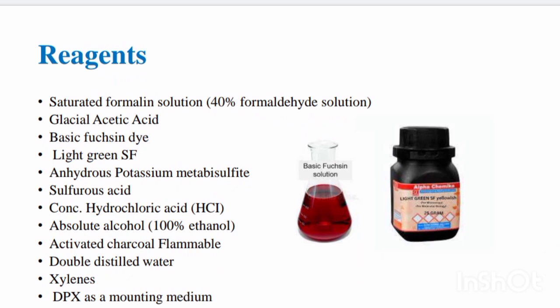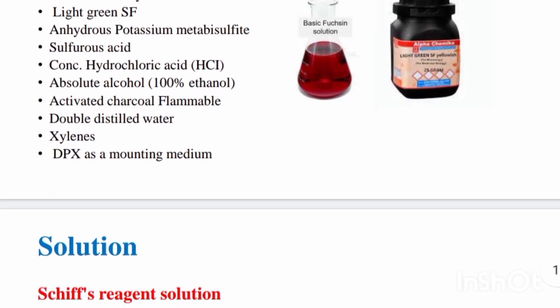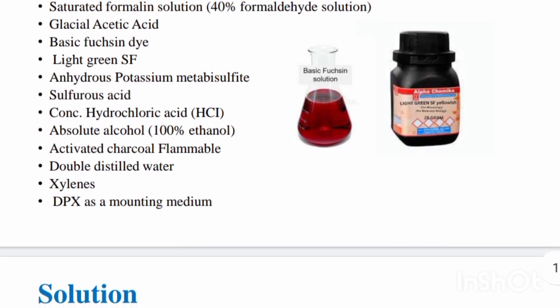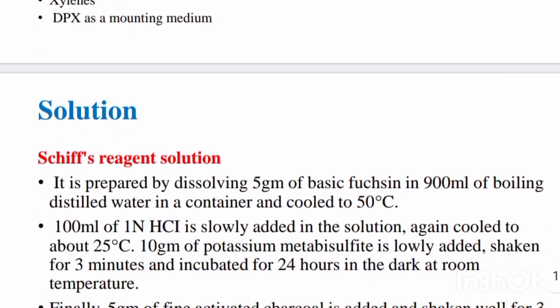Next we have reagents like 40% formaldehyde solution, glacial acetic acid, basic fuchsin dye, light green SF yellowish, anhydrous potassium metabisulfite, sulfurous acid, concentrated HCl, 100% ethanol, double distilled water, xylene, and DPX as a mounting medium. You can see the structure of basic fuchsin and light green SF yellowish in crystal form.